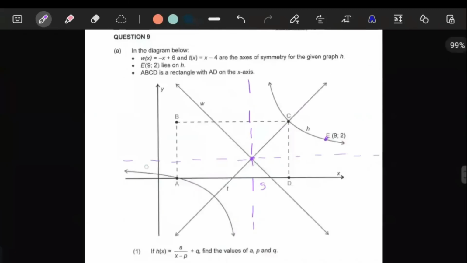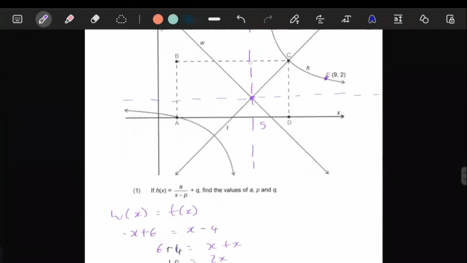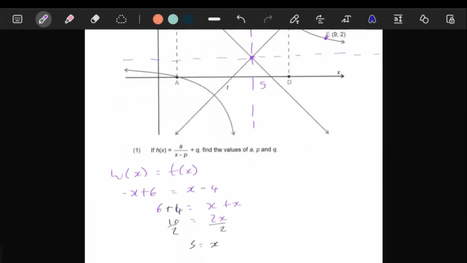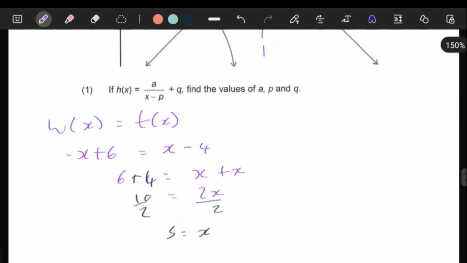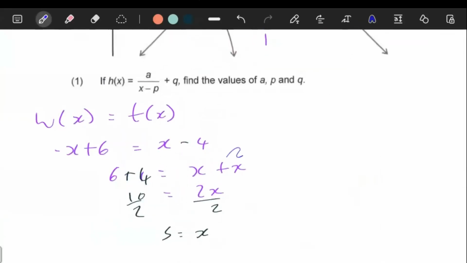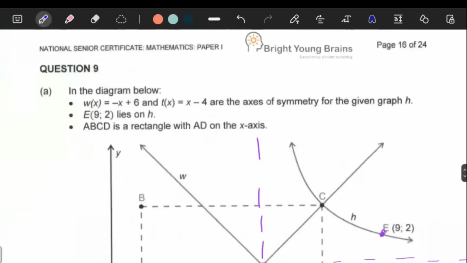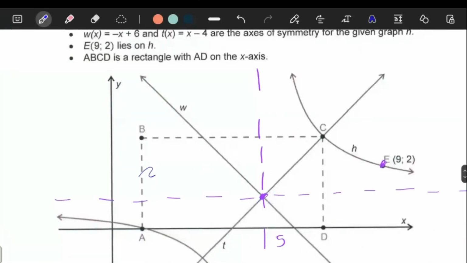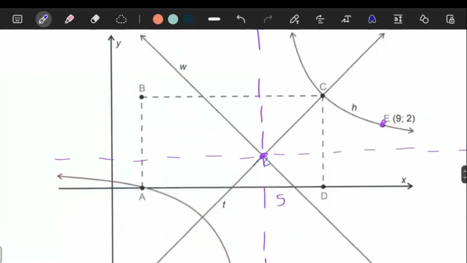So let's get the y value, because the x value is given as the x value of the asymptote. The y value where they meet is going to give us the y value of the other asymptote. If they meet where x is 5, you can just put 5 into any of the equations of your graphs, because you want to find the y value here.